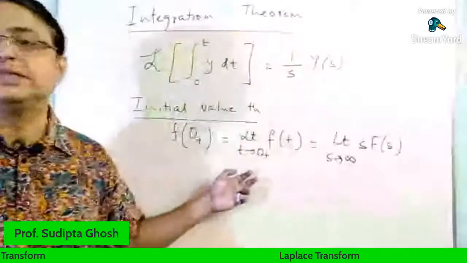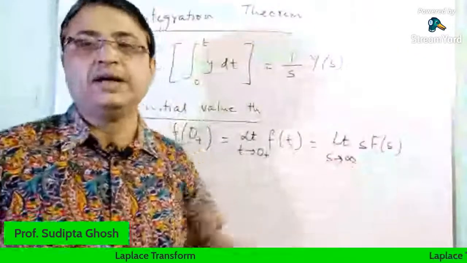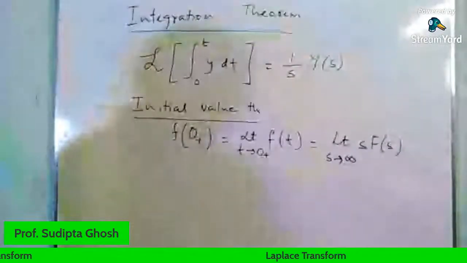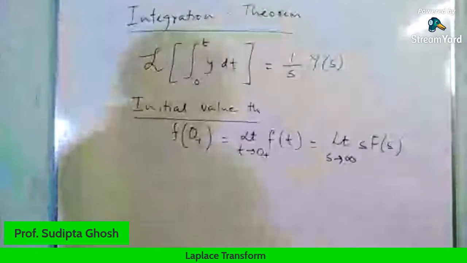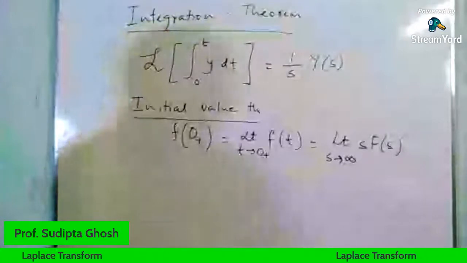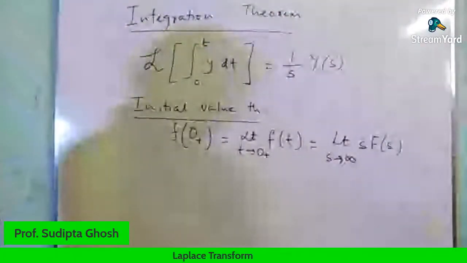So when t tends to 0 plus, it means s tends to infinity, and then the initial value theorem tells us that f of 0 plus is equal to the limit s tends to infinity of s F(s).